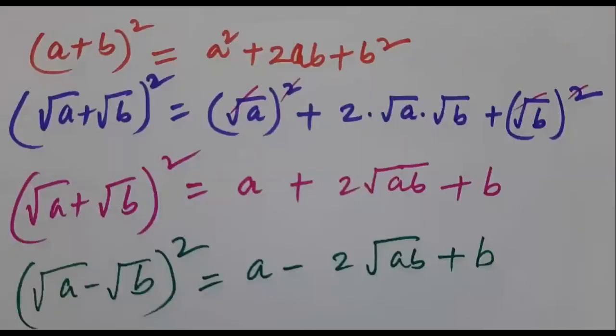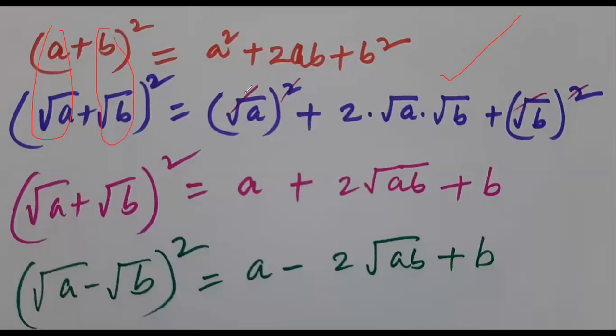Now, we know that a plus b whole square, identity 1, is a square plus 2ab plus b square. We learned it last year in 8th grade. Now, if both have roots, root a plus root b whole square, here a is there, but here root a is there. Here b is there, root b is there.